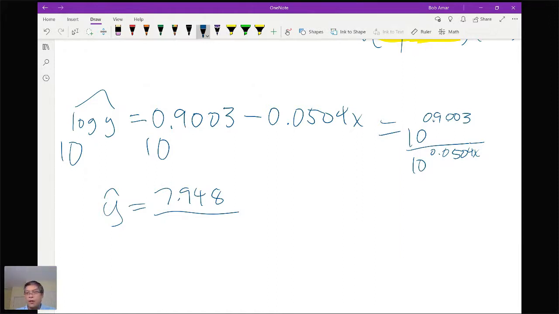Let me check something real quick. Right, and so yeah, I can use this to change to a power law essentially.